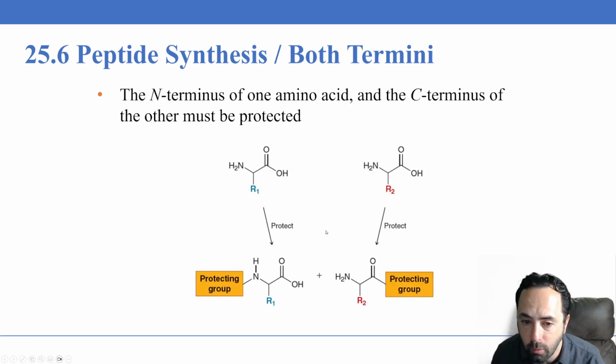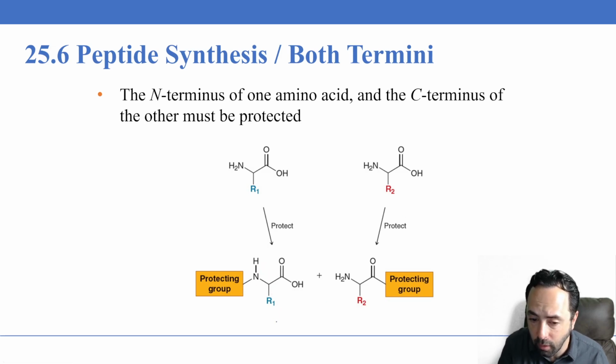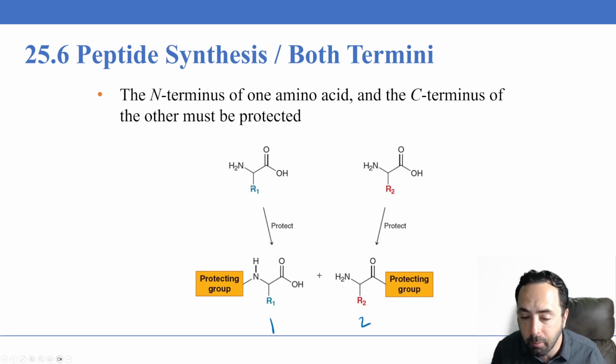So what we'll do is if we want to make a dipeptide where the N terminus is amino acid 1 and the C terminus is amino acid 2, we're going to want to install a protecting group on the amine side of amino acid 1, so that it will not be involved in adding something over here on the N terminus side.